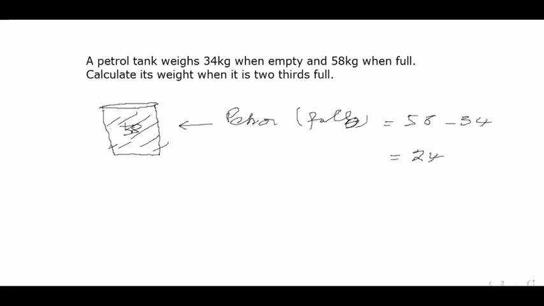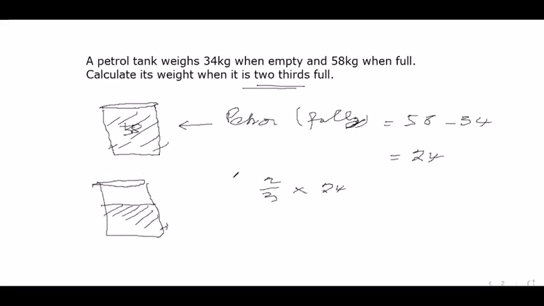So this is a full tank, or the weight of the petrol is 24 when it's full, but you want it to be 2/3 full. So the amount of petrol is just 2/3 of 24, because you are interested in this weight here. This petrol here is 2/3 of that weight, which is 24. So that is 16.